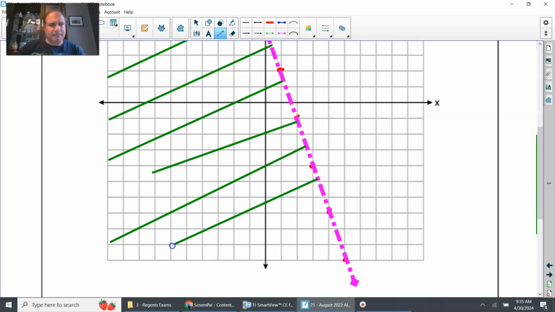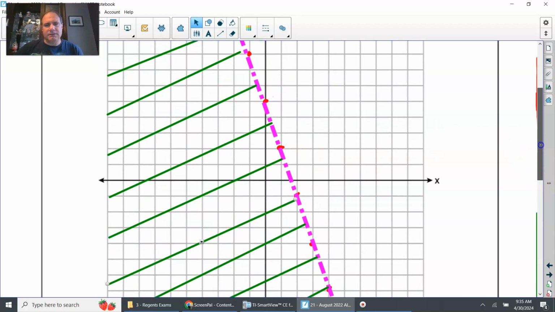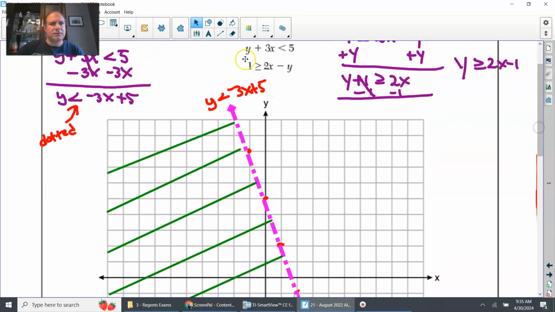Shade all the way to the end of the graph. Straighten this out. And that is shaded the way it's supposed to.